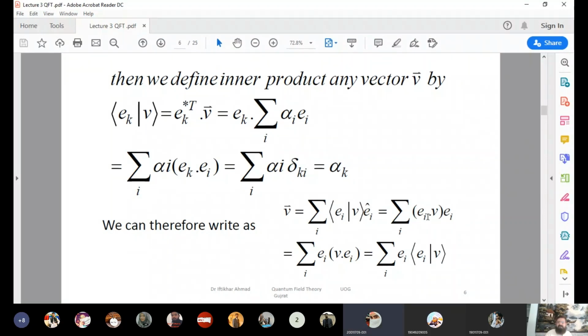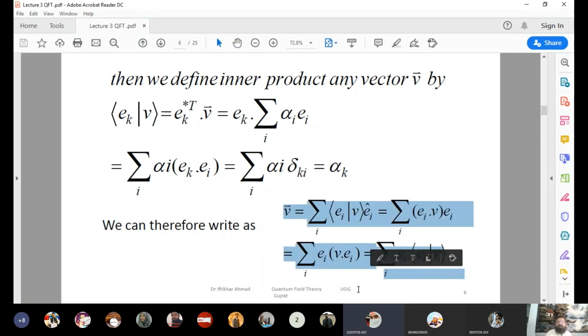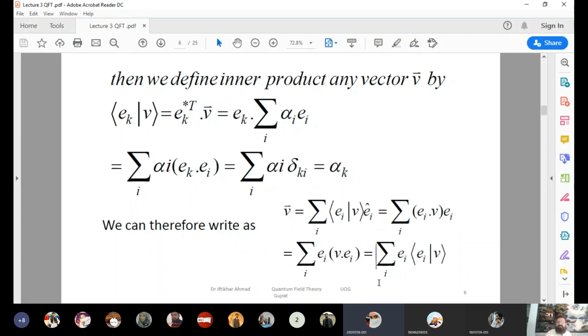Tell me the name of the property, because we are shifting e outside and then v inside e_i. It means that you can just shift the bracket. Yes, sir. Associative property of multiplication, dot product.